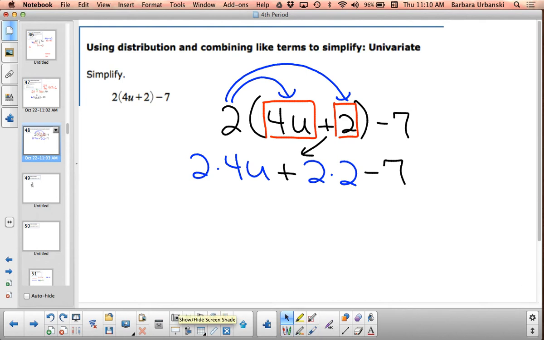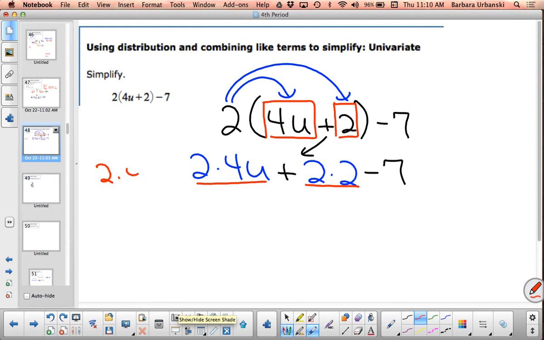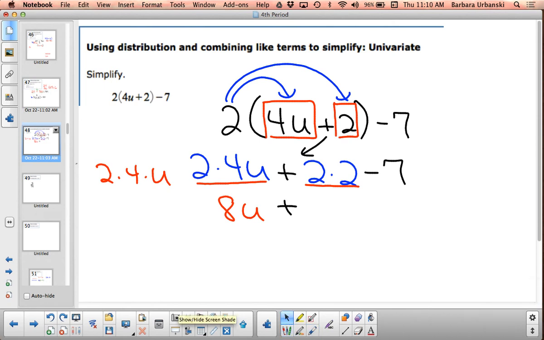Students should start recognizing what terms are alike. Let's multiply first. I've skipped a step. 2 times 4u is the same as saying 2 times 4 times u, which will give us 8u. We'll keep our sign of operation. 2 times 2 will obviously give us 4, keep our sign of operation, and we're subtracting 7.